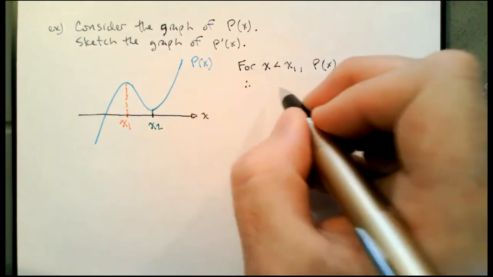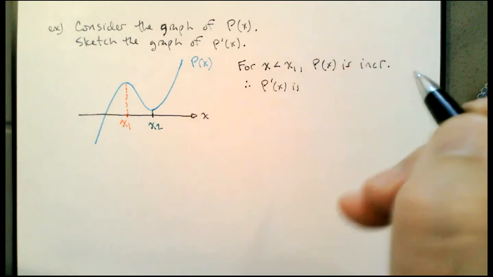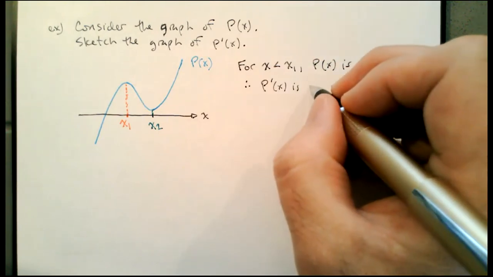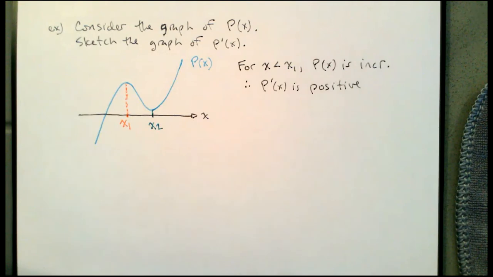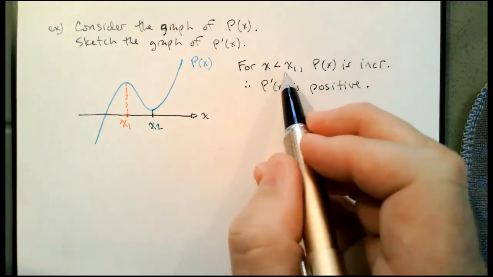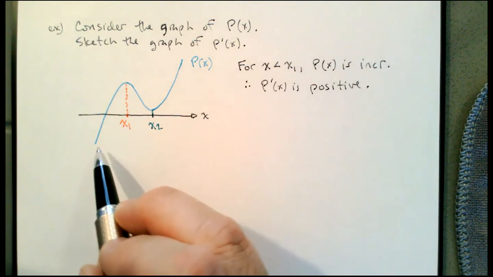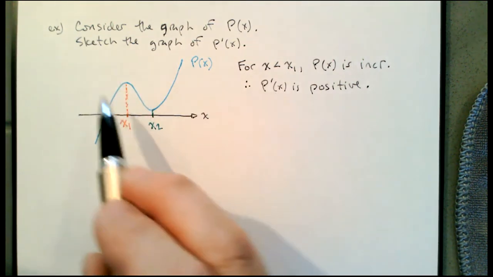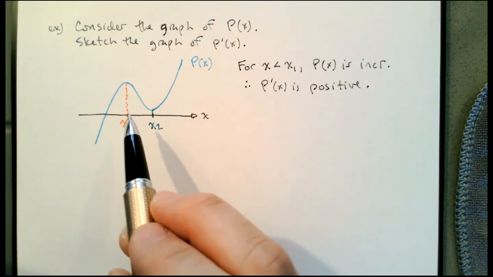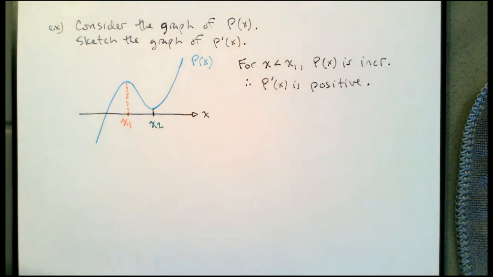Therefore, p prime of x is positive. So for x less than x1, p of x is increasing, so p prime must be positive. So it must be above the x-axis. When x equals x1, p of x is flat.